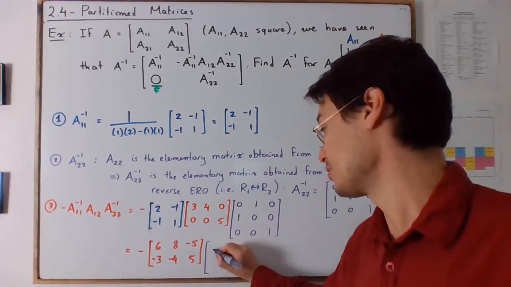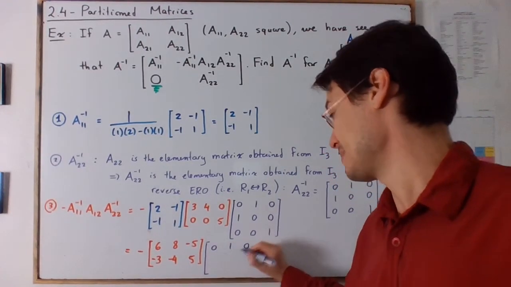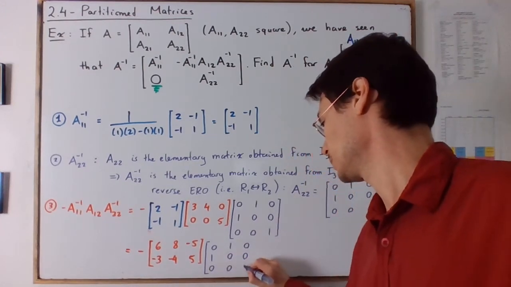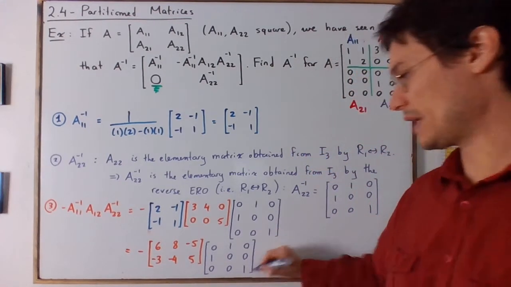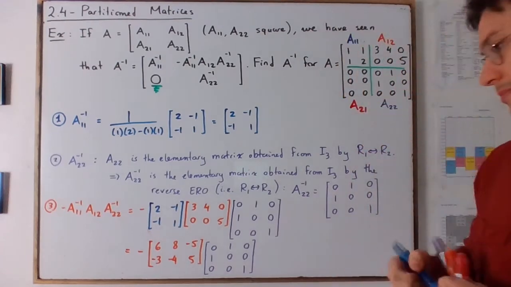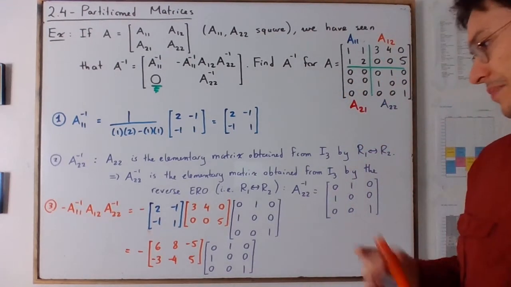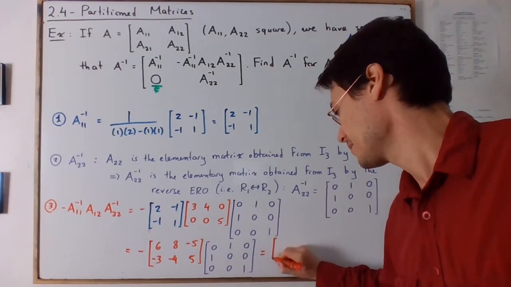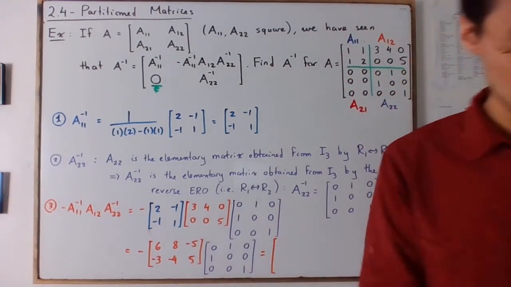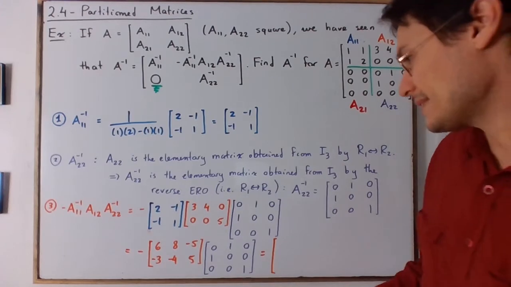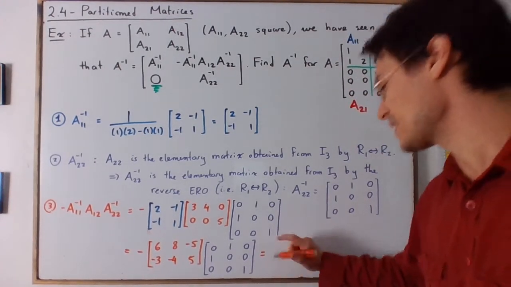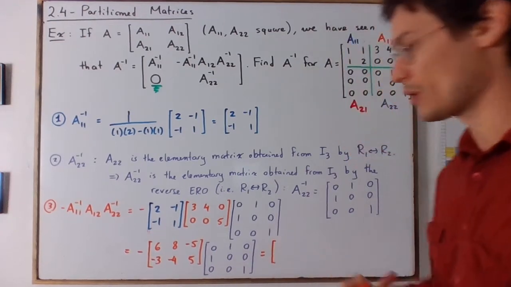Now, you still have to multiply by this matrix right here. So we're going to have 2 rows, because the first matrix has only 2 rows.